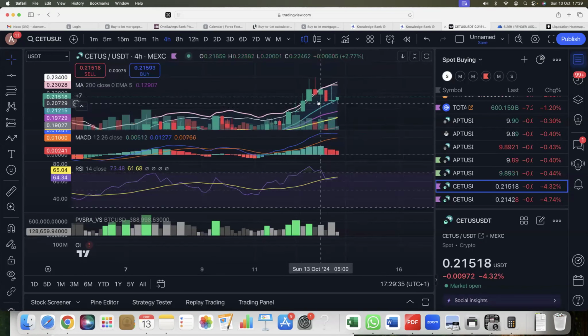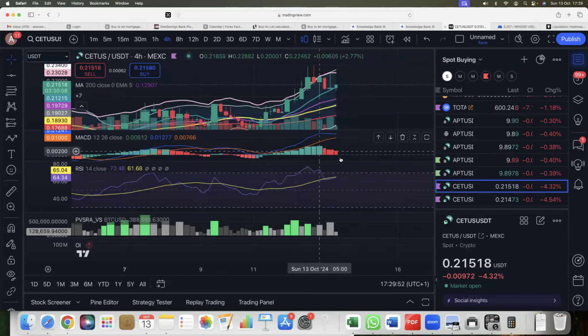But again, we've got that stopping candle here, and we've come down and we've had a lower high. And I think that continues to roll down as well. It's trying to go up again, but once these candles are red, I know it's just a bit of hot air.